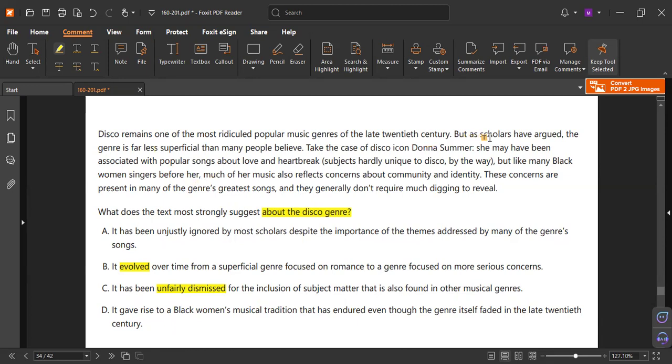He mentioned here that scholars have argued the genre is far less superficial than many people believe. Far less superficial means it's not superficial, it's something important. And then he takes examples to prove it. So it has been unfairly dismissed. That's why. So what is true about this point?